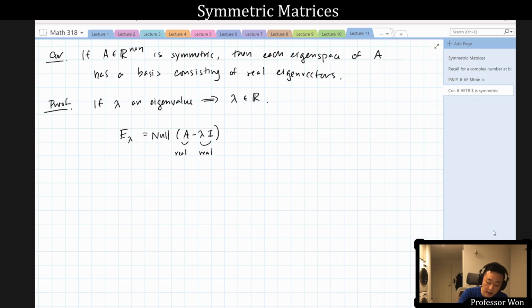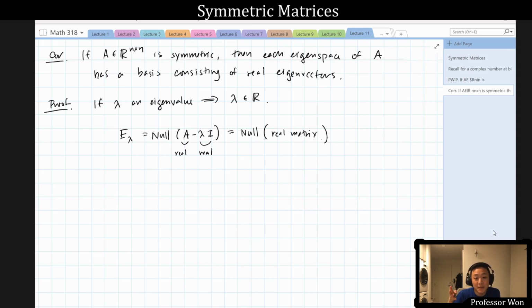And so this is just the null space of a real matrix. And we have an algorithm for finding the null space of a matrix. It involves row reduction and pivots and free variables.